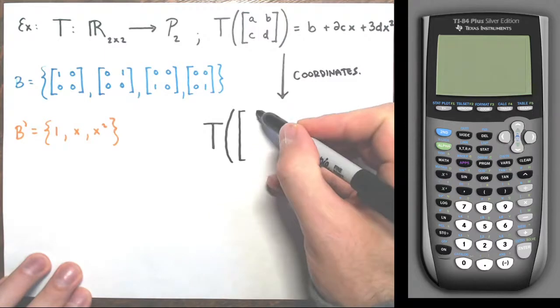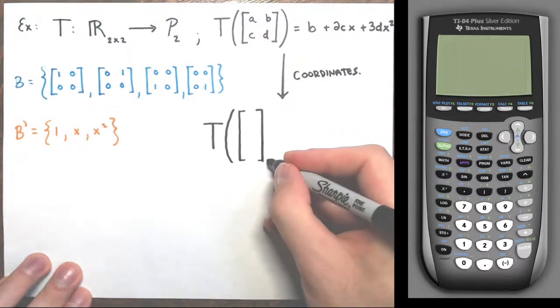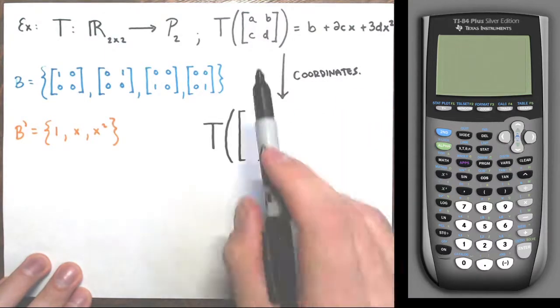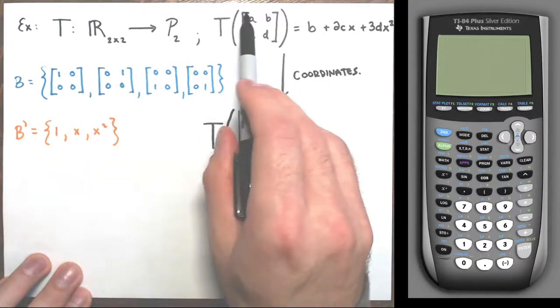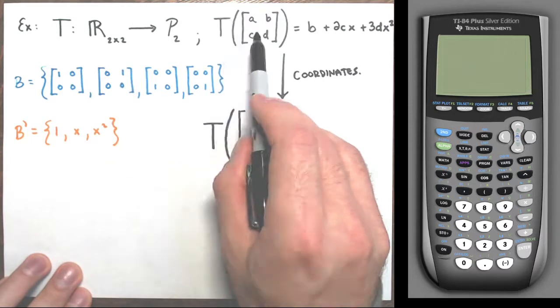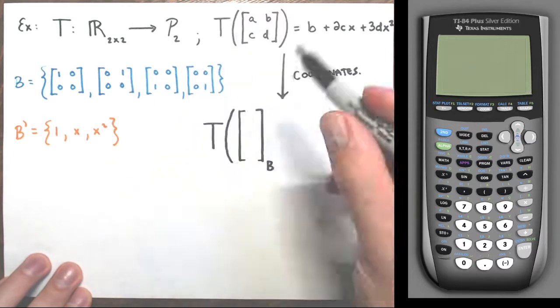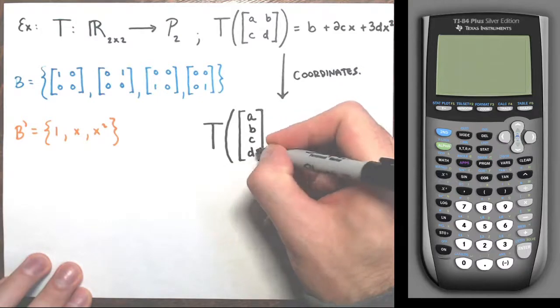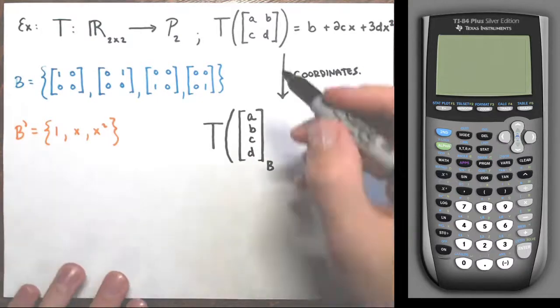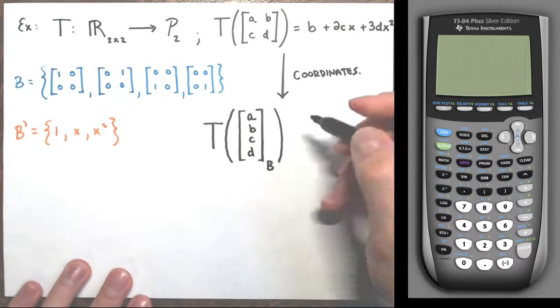I'm going to write this as a coordinate vector with respect to basis B. So to make this matrix, I'd have to have A of the first one plus B of the second one from the standard basis plus C of the third one plus D of the fourth one. So A of the first, B of the second, C of the third, D of the fourth. There's the coordinate vector for my input matrix there.